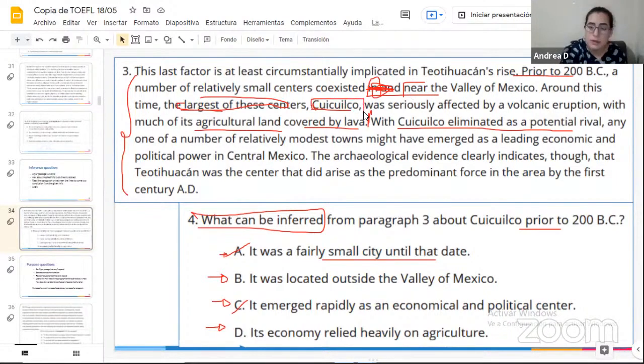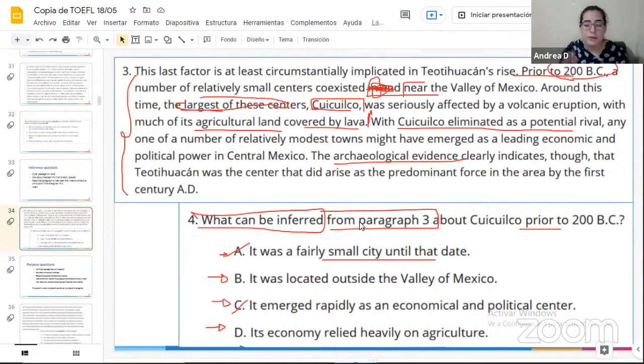So that's the most important thing. And usually when you have something like what can be inferred from paragraph 3, it's gonna be around the most important thing. It's not gonna be about the little details, like the archaeological evidence, or maybe a little date there. So it's usually around the main big thing.